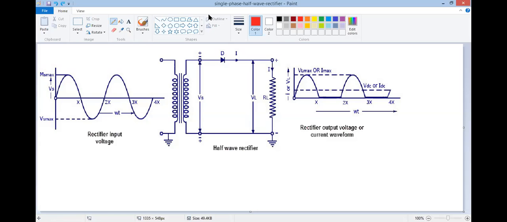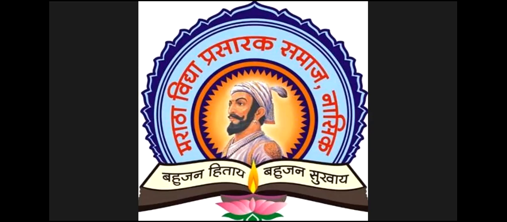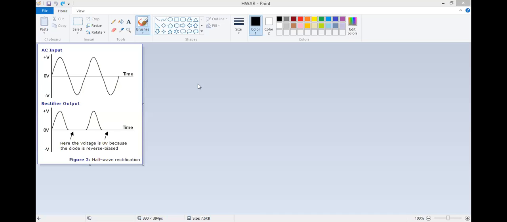So we can have one more waveform diagram. See, I am sharing another diagram. See this diagram.